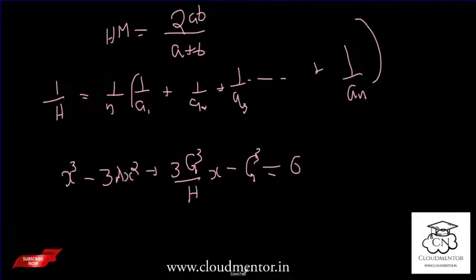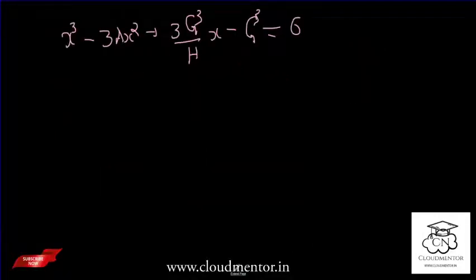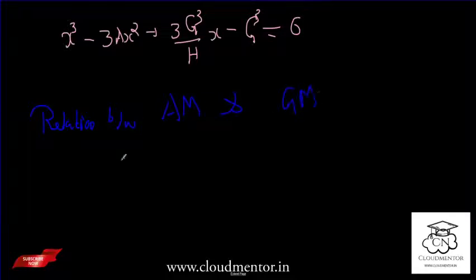And now what is the relation between arithmetic mean and geometric mean? Let a and b be two real positive and unequal numbers, and A, G, H are the arithmetic, geometric, and harmonic means respectively between them.